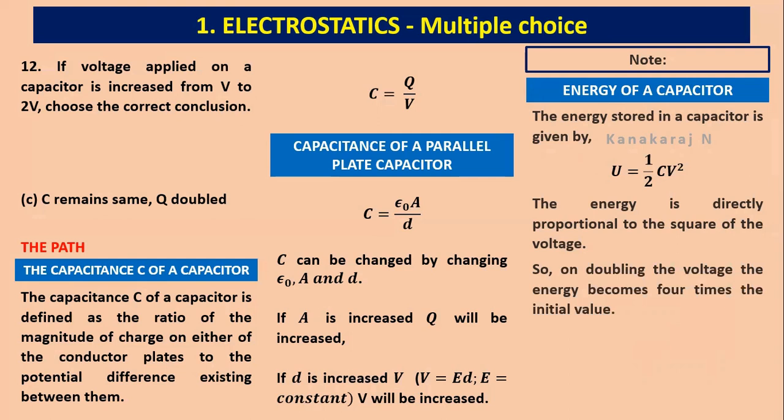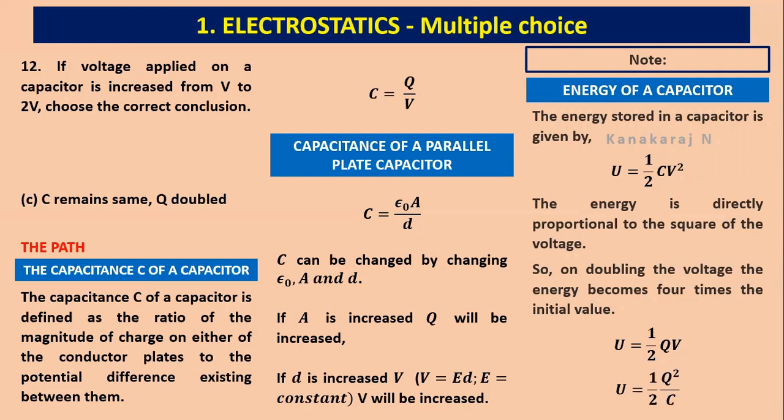We have another two formulas for energy of a capacitor. U equals 1/2 QV. In this, when voltage is doubled, we have seen that the charge is also doubled. Once again, we get the same old result. On doubling the voltage, the energy becomes 4 times. We have one more equation for U, which is 1/2 Q squared by C. Here, C is constant, half is constant.